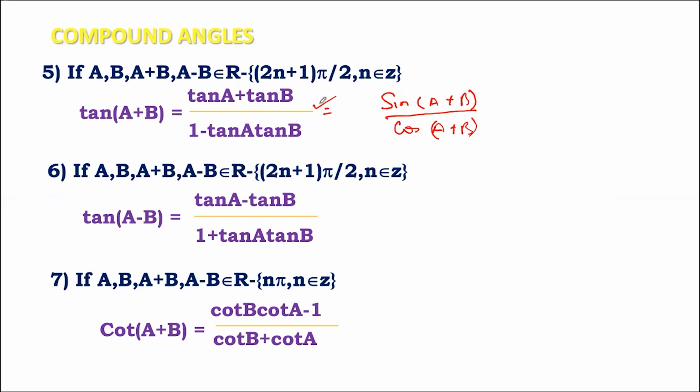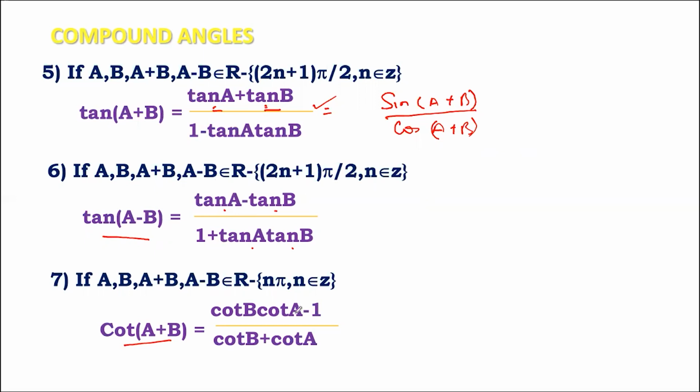Then again, you'll get this formula: tan a plus tan b upon 1 minus tan a tan b. For tan a minus b, this is tan a minus tan b upon 1 plus tan a tan b. Same for cot of a plus b: cot a cot b minus 1. Just convert this tan into cot, 1 by cot a, 1 by cot b.